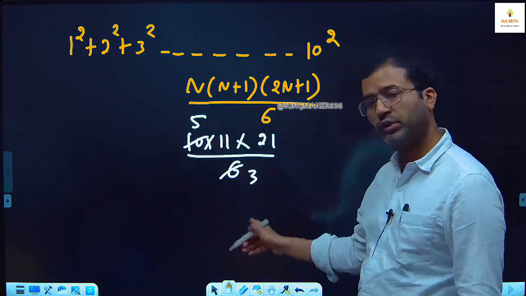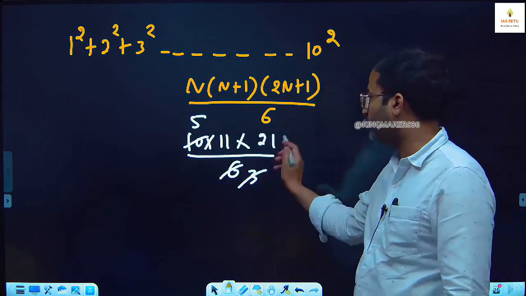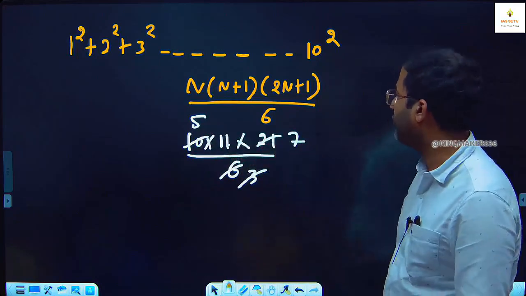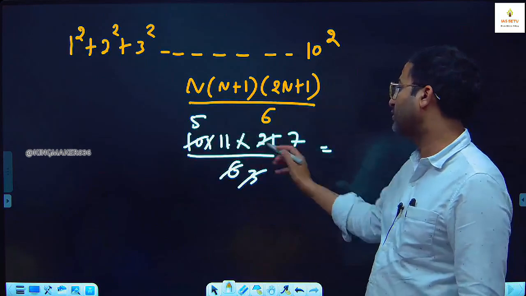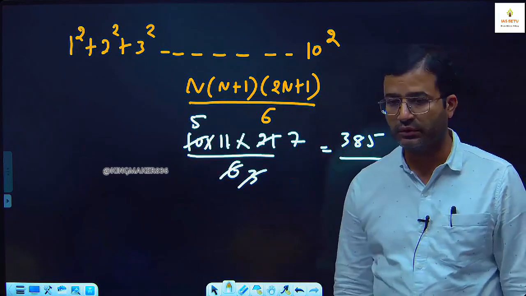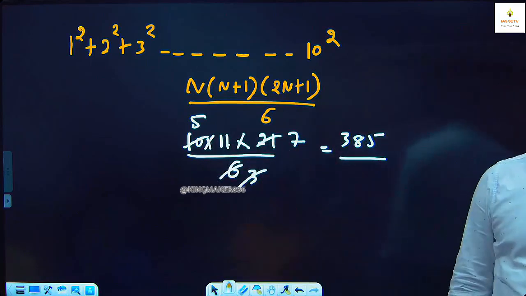Whatever is cancelling, that is our first preference. Whatever cancels out first, you do this. So it is 55 into 7 or 35 into 11, 385. First we cancelled by 2, then cancelled by 3, then multiplied.